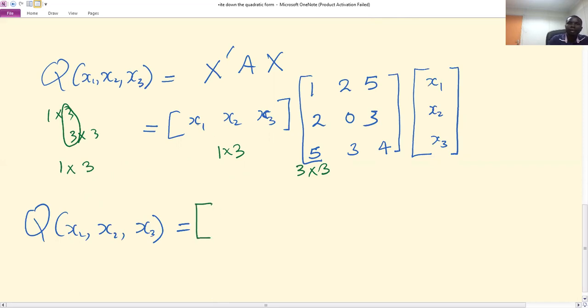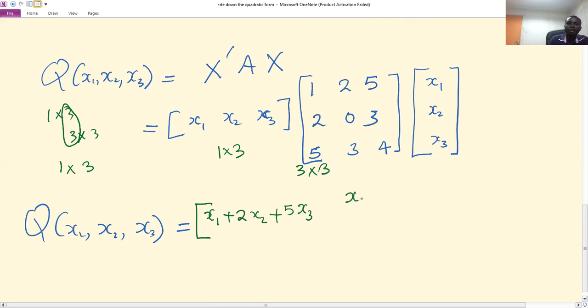So we'll have x1 times 1 is x1, x2 times 2 is 2x2, x3 times 5 is 5x3, and then the next element will be this row times this column.